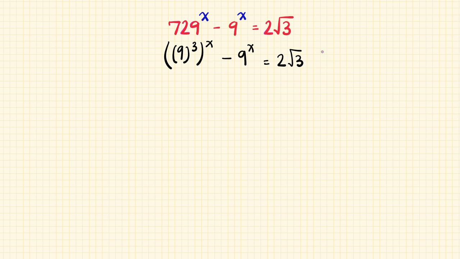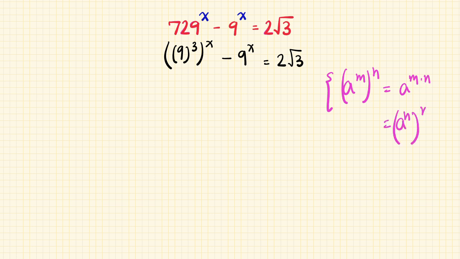Now we know that in a power m power n, the powers get multiplied, so this power inside and this power outside are kind of interchangeable, right? So I'm interchanging the cube, and this is as it is, root 3.